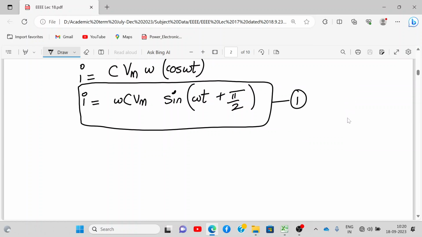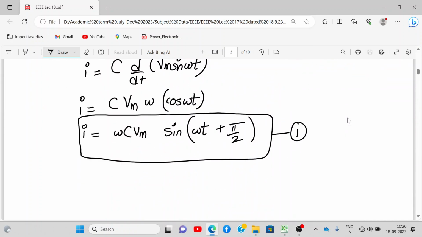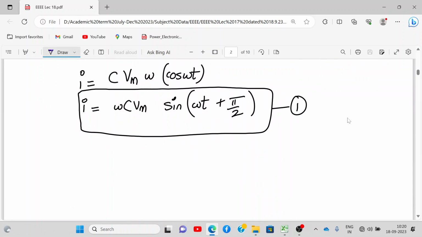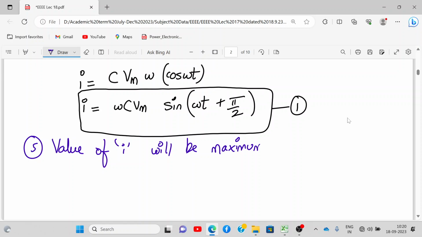Now when will be value of I maximum? Value of I will be maximum when sine of omega t plus pi by 2 will be equal to 1. So write down, value of AC current I will be maximum, that is Im, when sine omega t plus pi by 2 will be equal to 1.